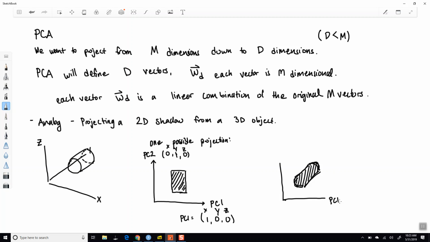I don't know exactly what PC1 is. It's some combination of the components x, y, and z, same as PC2. Okay, so just some linear combination of x, y, and z.